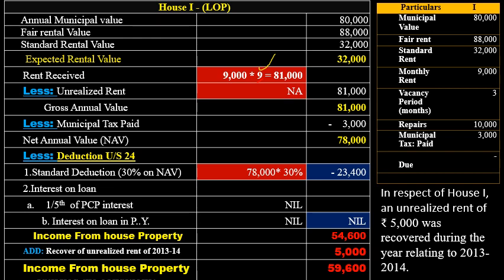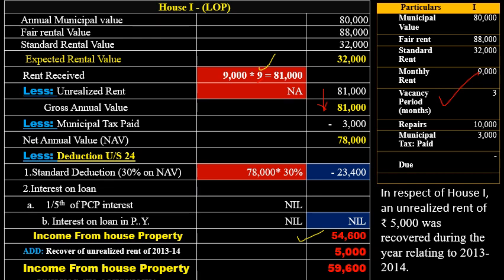No unrealized rent. So gross annual value, second clause, due to vacancy: gross annual value is equal to rent received, which is 81,000. Municipal tax paid is 3,000, and net annual value is calculated as usual, like other house property problems which I solved in the previous classes. So you get income from house property of rupees 54,000 in this first house.